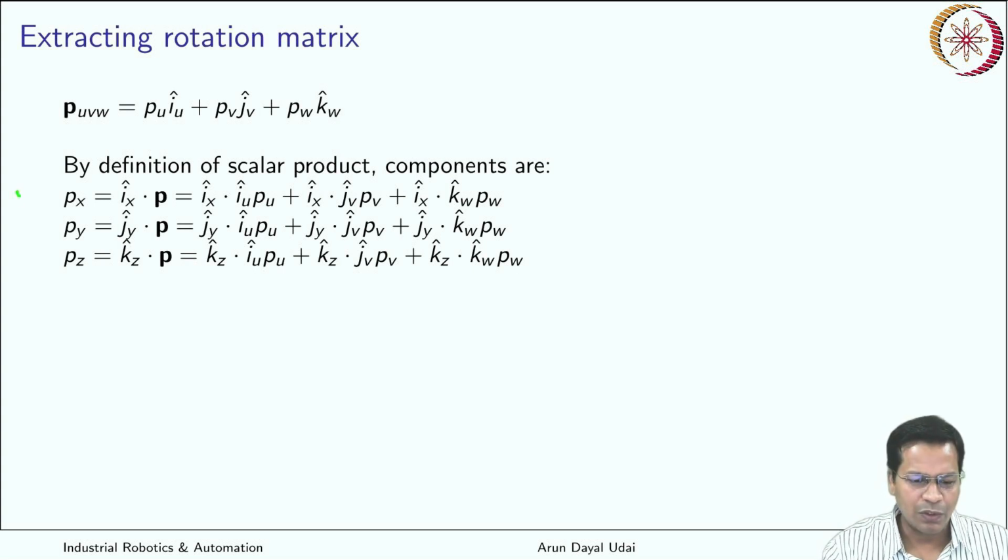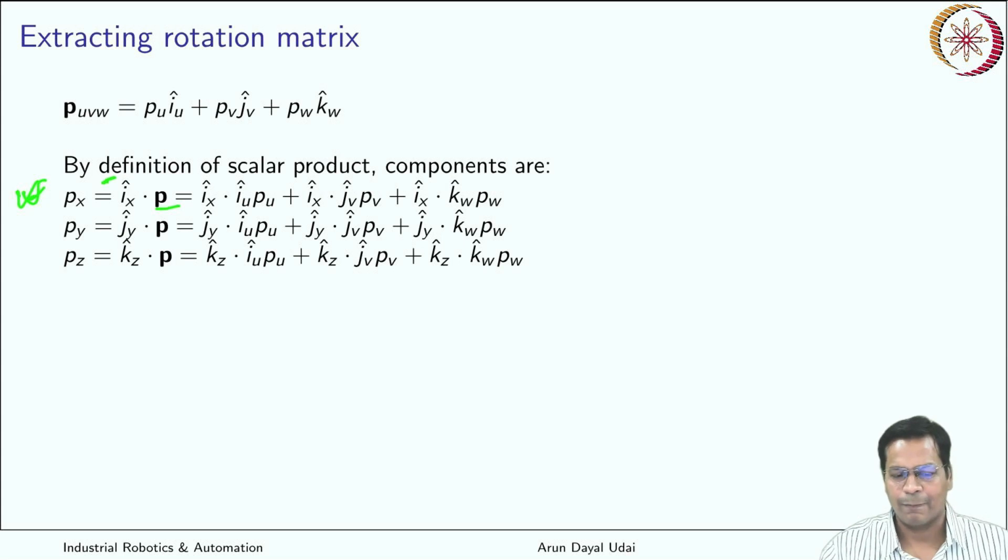So now I want to find out what Px is. It is the projection of P along the x-axis. I simply took a dot product, which has a scalar value of Px.